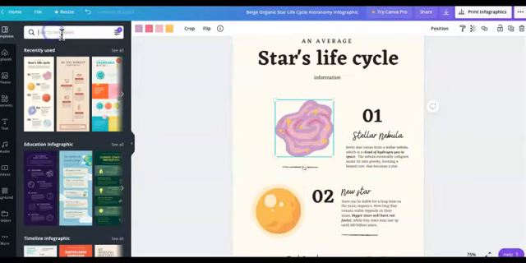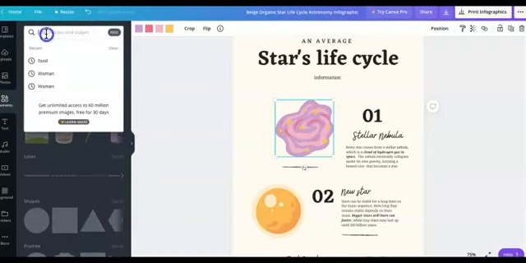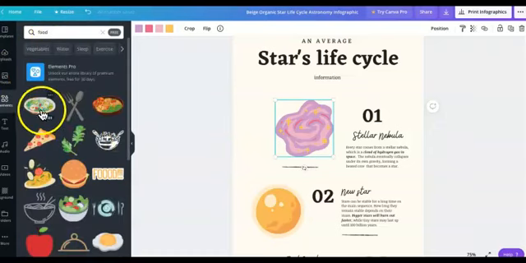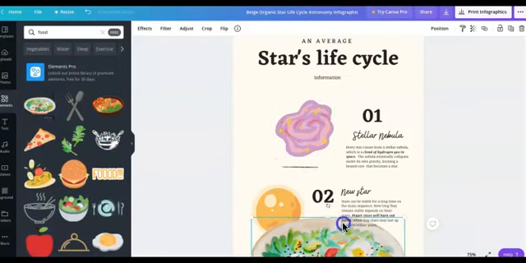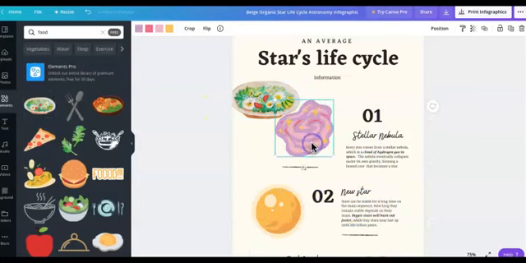And so if I'm doing food supply, I'm going to go to the left and I'm going to look under elements for an asset that correlates with food. So if I do that, I see a bunch here. As soon as I click on it, I can drag and drop it, enlarge it.